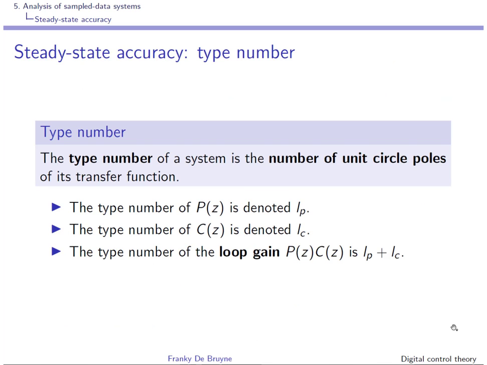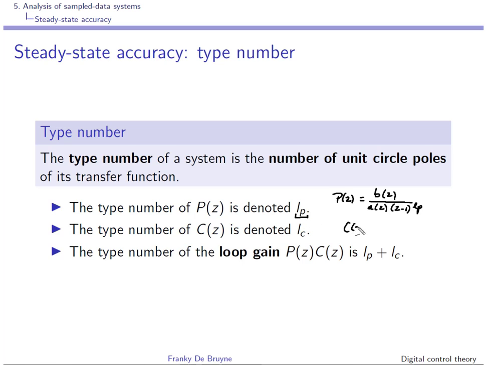The type number of a system is the number of unit circle poles of its transfer function, so the number of integrators in the system. So remember that P of z has been written like this. It's B of z, and the denominator is AZ, and then you have a number of integrators, and there are LP integrators, so the type number is LP.